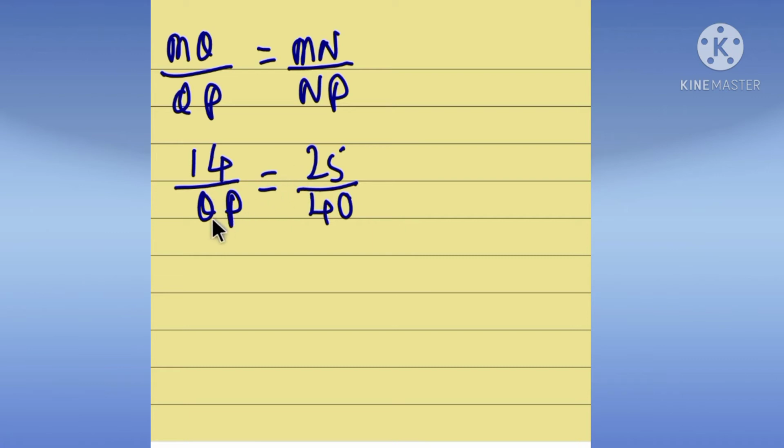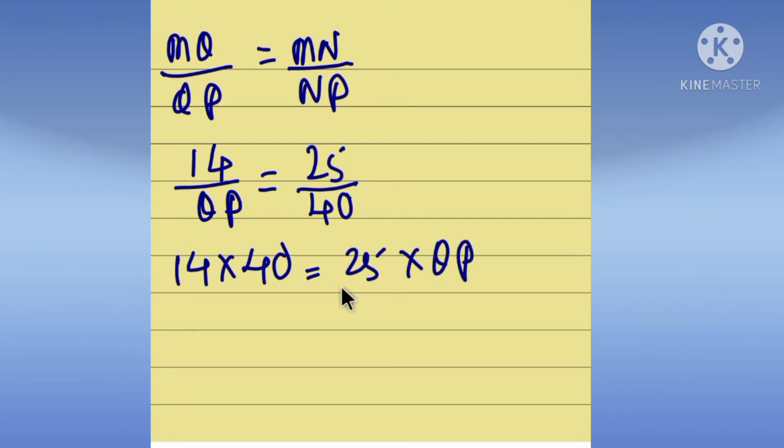How can we do calculation here? We have to find the value of QP. It is like A upon B equal to C upon D. We know that if these ratios are equal, then A into D is equal to B into C. By using that property, 14 into 40 equal to 25 into QP.